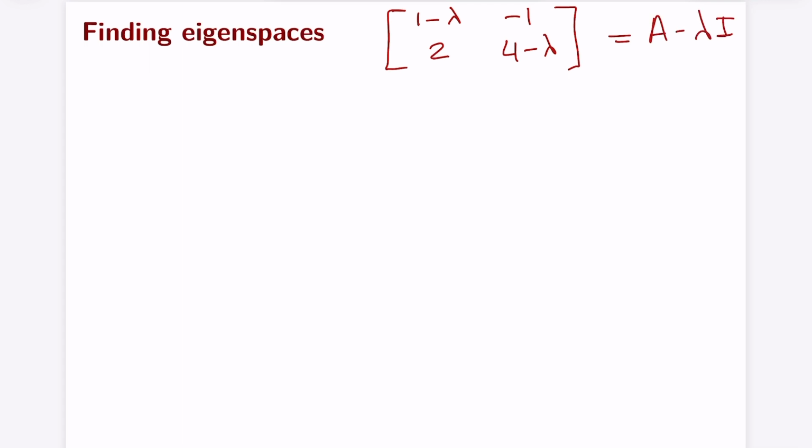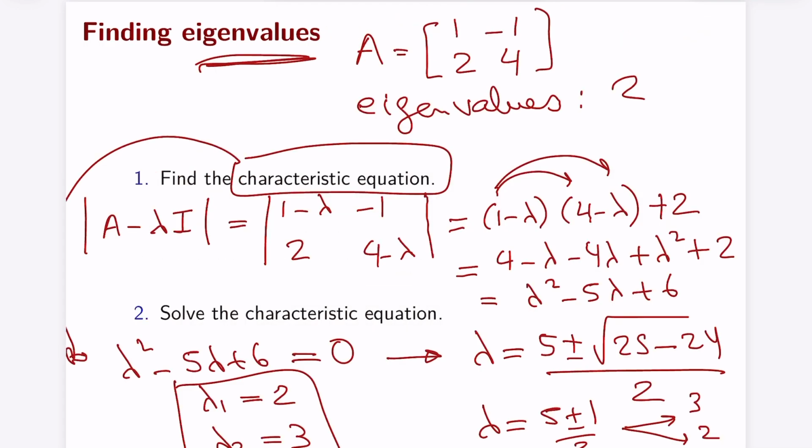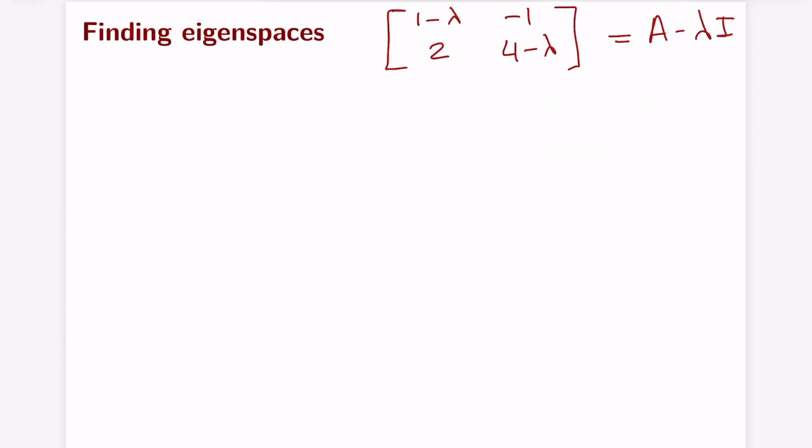And so now we want to calculate the kernel of this matrix for the particular values of lambda that we have calculated. Let's come back to where we calculated the eigenvalues. These were the eigenvalues 2 and 3. So we want to calculate this space for each of them.